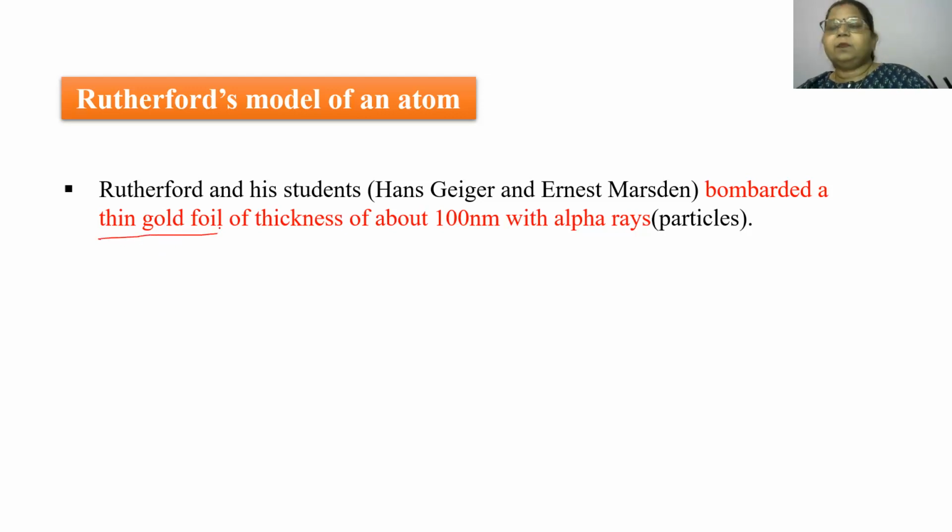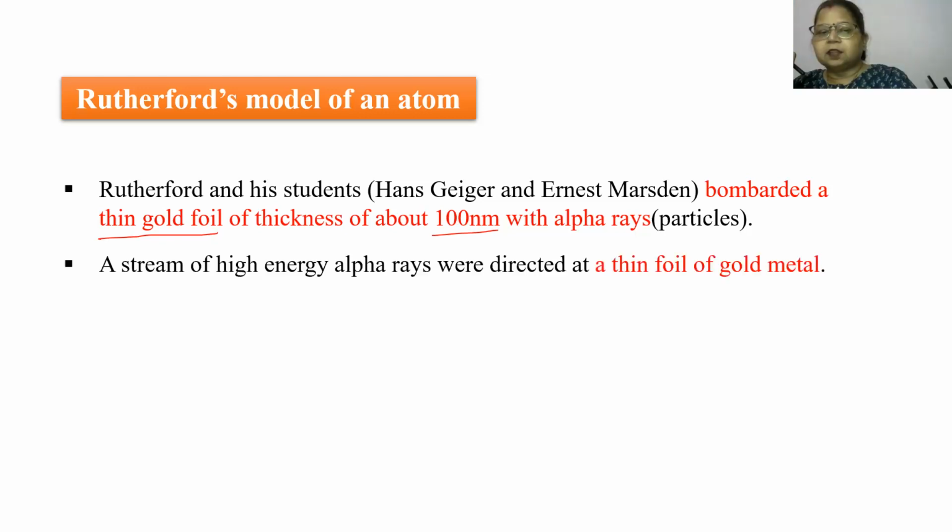Had it been thick, what would have been the answer, right? It was about 100 nanometers. Please note down the thickness of the gold foil was 100 nanometers only, practically an invisible sheet, right?